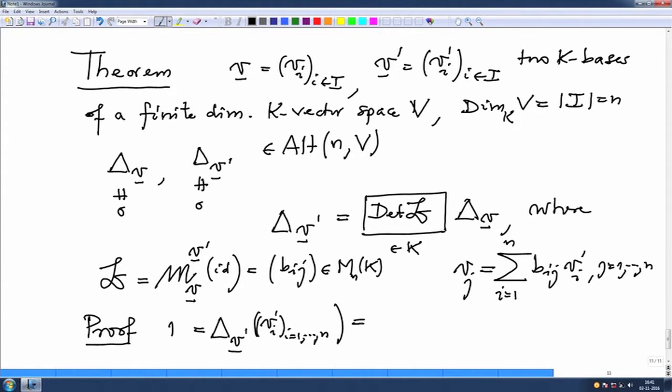Now I want to compute the left side, delta V prime on the basis V1 to Vn.